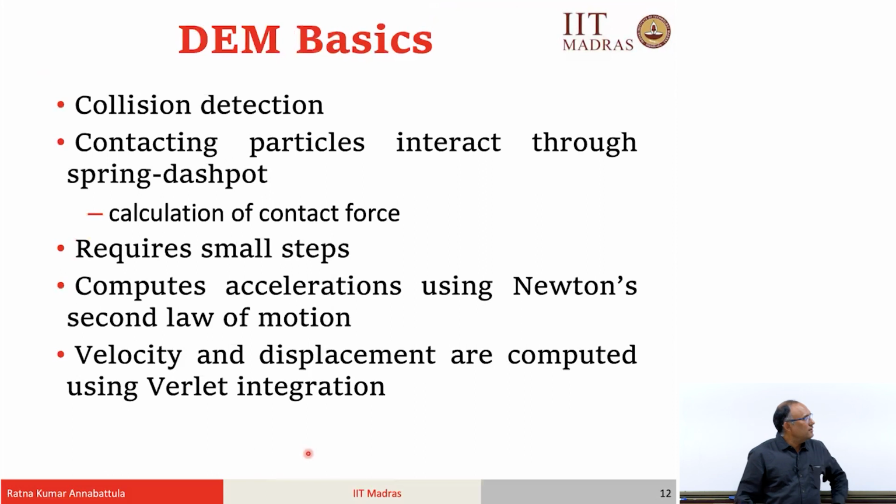So, again, it allows us to interact. What are the other aspects of DEM? Something very important in a DEM simulation is collision detection, meaning when two particles are moving. Imagine all of you are running, and I am trying to simulate that running process by giving each one of you a velocity.